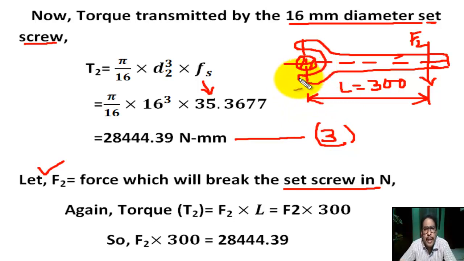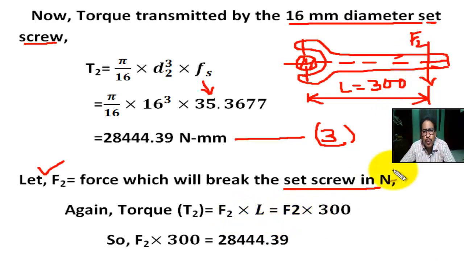So, torque T2, if this is set screw, this is the spanner, F2 force is applied, length of the spanner 300 millimeter, then torque T2 equal to F2 into L, that is F2 into 300. This is equation number 4.